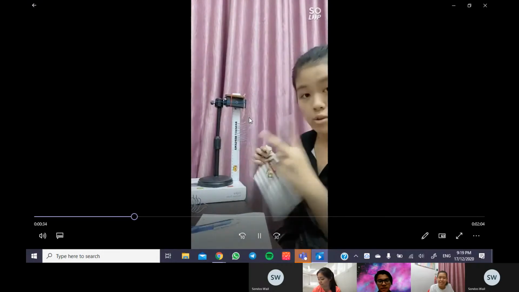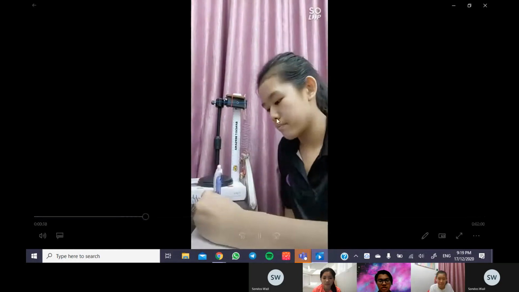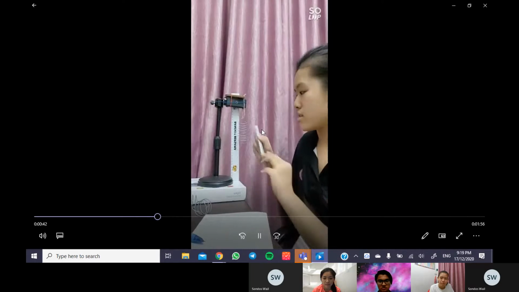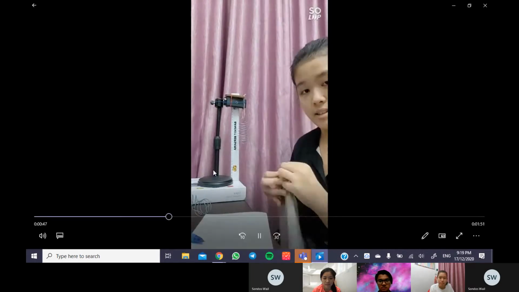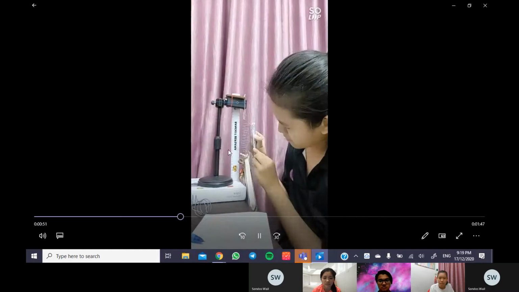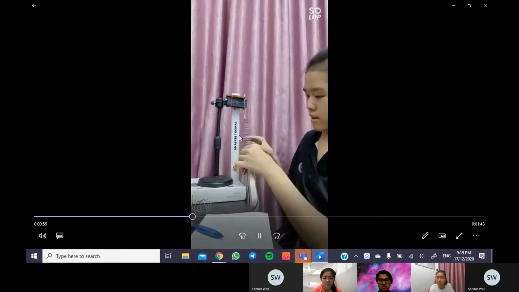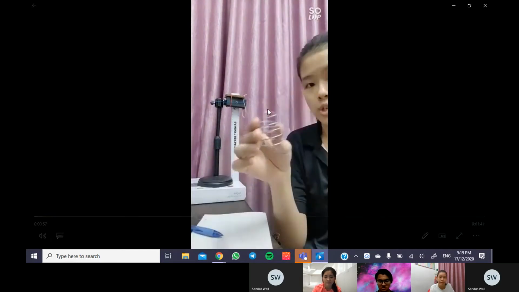I'm measuring the final length. So it's 9 cm. So it extends by about 2 cm. I'm doing 3 readings. The second reading is 8.5 cm, and the third reading also 8.5.